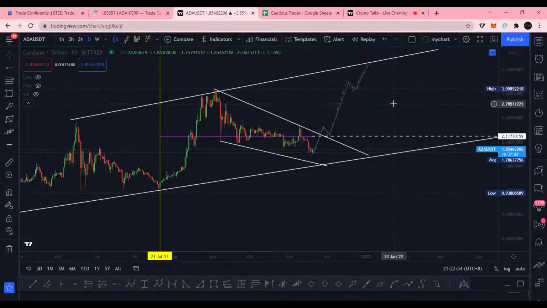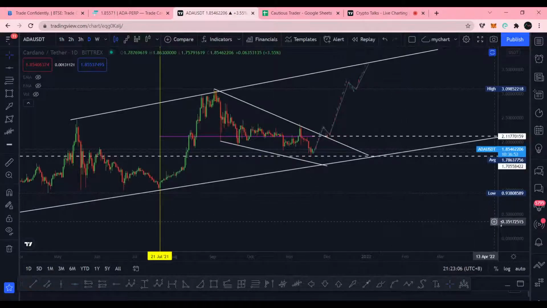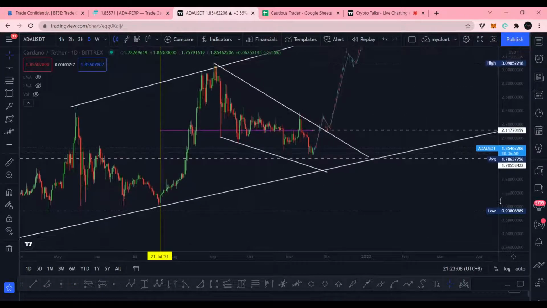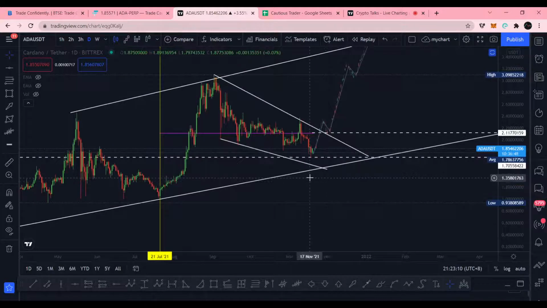And of course, TP at 3.10 or the all-time high. Support at an average of 1.70, which is the wick or the low of this one, $1.70.